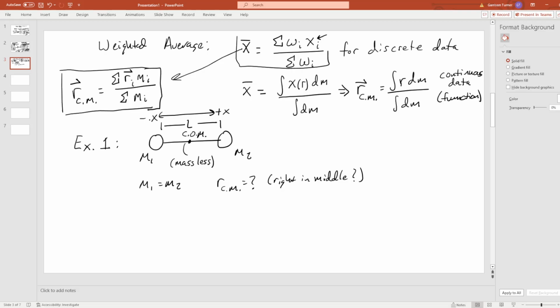We have to specify the origin. Okay? So I'm going to put the origin right in the middle. So x equals 0 right in the middle of my coordinate system. So now I can compute the center of mass.